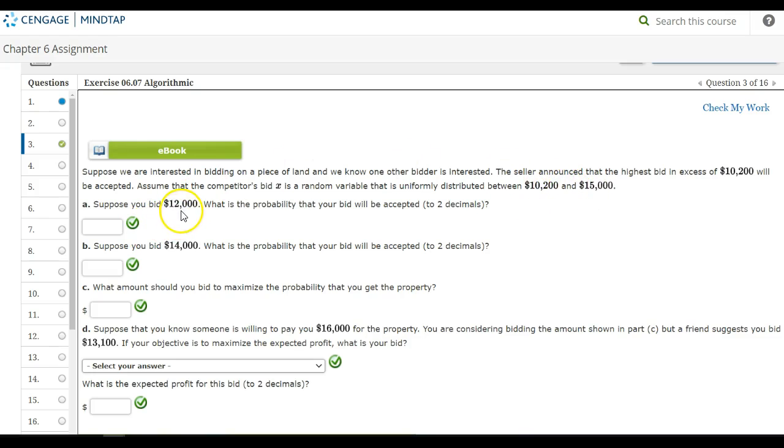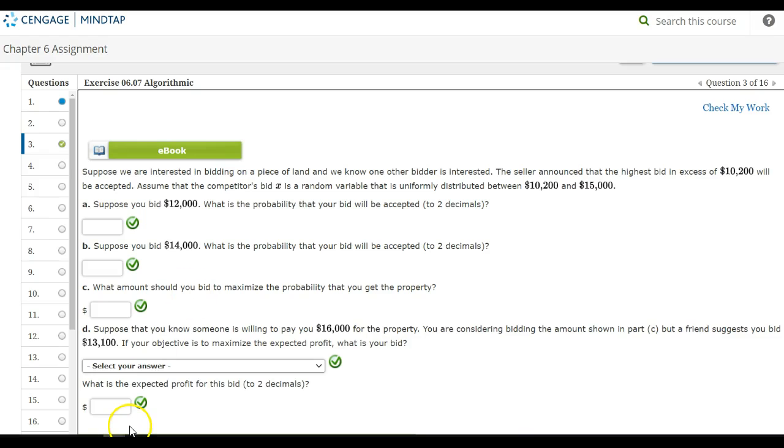So first we want to know the probability that $12,000 will win. Next we want to know what's the probability that $14,000 will win. Then we're asked to maximize the probability of winning. And then we're asked to determine if we should bid 13,100 or should we bid whatever the answer was in part C in order to maximize the probability that we will win.